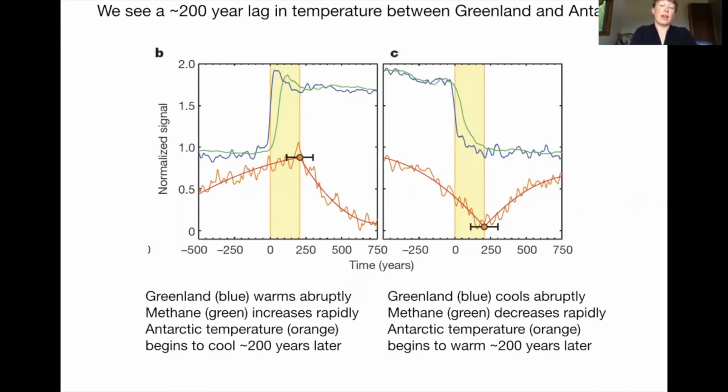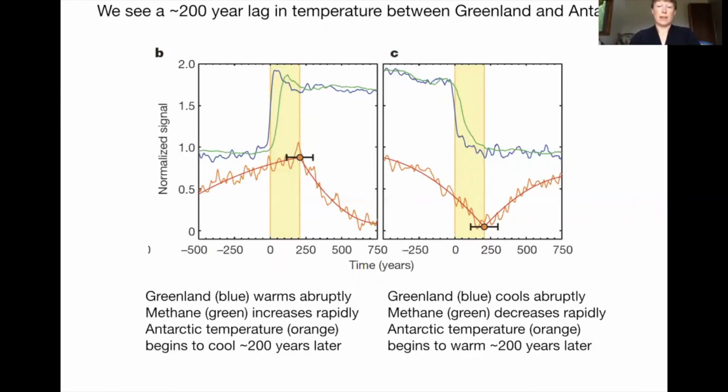And if we look at these abrupt events on the cooling limb side of the Dansgaard-Oeschger events, so again, 0 is the middle of the Greenland change. So negative time is years before that, positive time is years after that. Greenland starts out being warm, it drops off abruptly, it's followed by methane with a short lag until they both level out again at colder temperatures and lower methane concentrations.